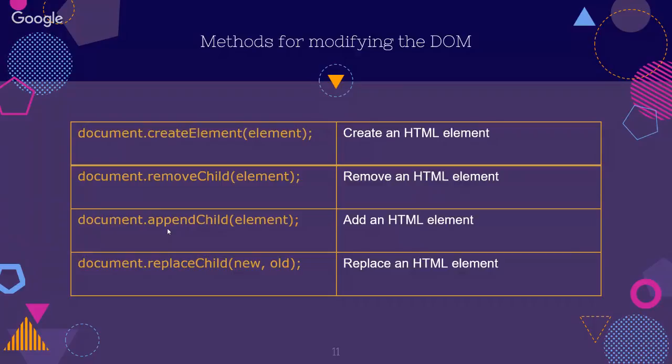So we have to use the selection methods we saw earlier to get the reference for the new and the old HTML elements we want to remove or replace. All right, those are some of the DOM methods we can use to modify the HTML structure. Now remember, there are others, and you can take a look in the link at the end of the presentation in the resources slide.